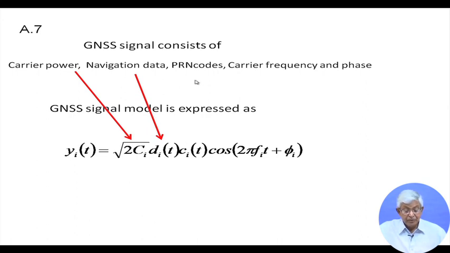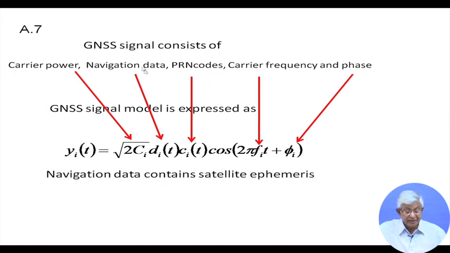The PRN code is represented by small c. The carrier frequency is f and phase is phi. And in all these things, the ephemeris is available in the navigation data, that is the ephemeris sent by the satellite. So, navigation data contains the satellite ephemeris. Therefore, the small d will be the answer. So, the correct option is D.